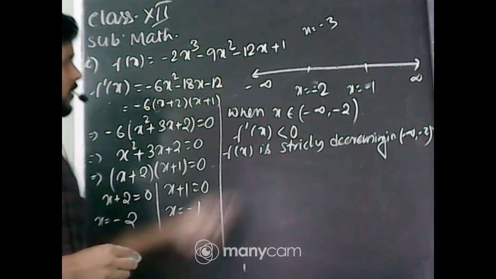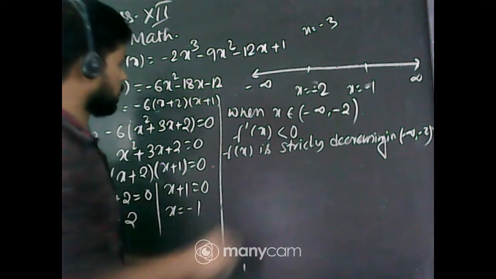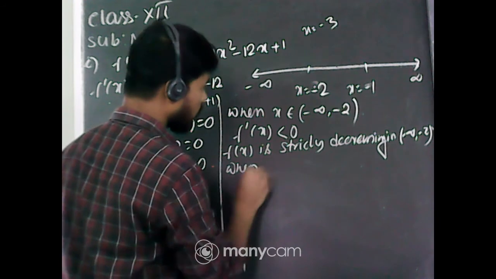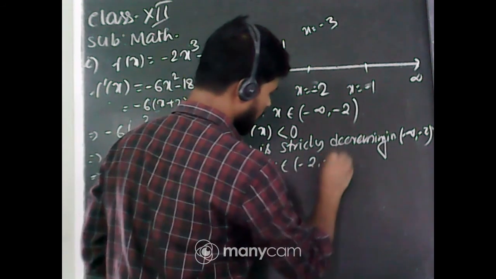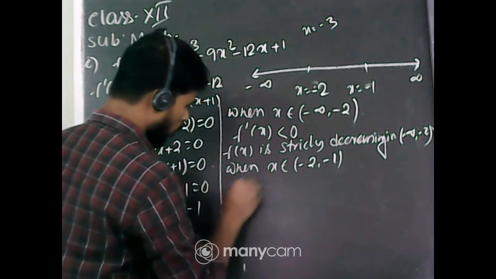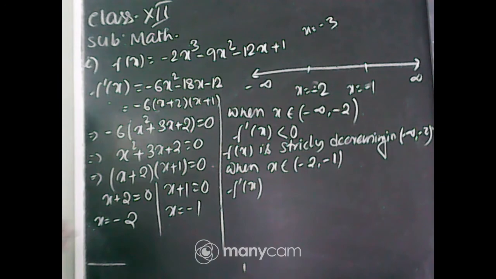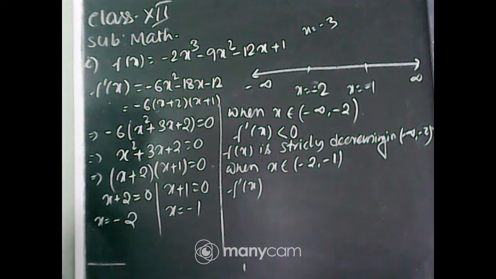Now we'll check for the interval minus 2 to minus 1. Okay, so when x belongs to minus 2 to minus 1, in that case what will be the value of f'(x)? Can you tell me what will be the sign of f'(x) if x belongs to minus 2 to minus 1? Take any value between these two, suppose minus 1.5.